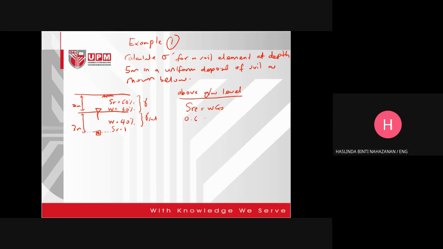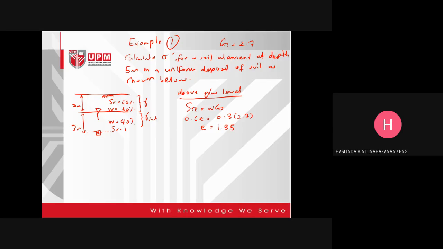SR is 0.6, w is 0.3, and G_s is given as 2.7. So multiplying with 2.7, you end up with e equals 1.35.